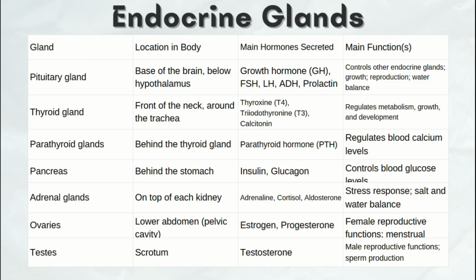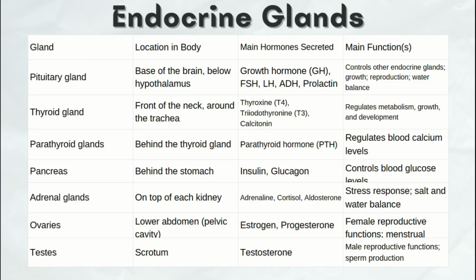So you can see where the different glands are located in the human body. Now, if we look at the hormones, one of the easiest to remember is the pituitary gland, which is found in the brain. Then you have the pancreas, which is so significant because everyone knows about blood sugar.